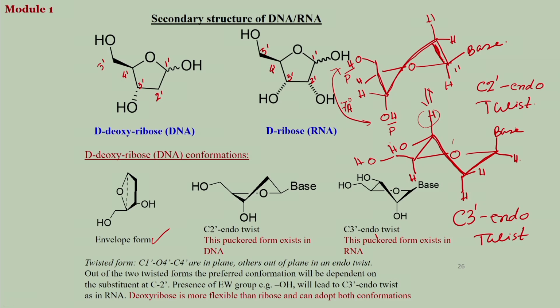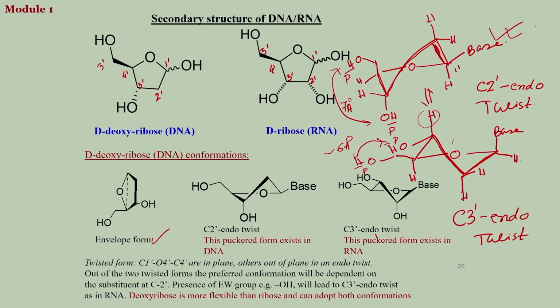On the other hand, this distance, if you have P here and if you have P there, is close to 6 angstrom. So, this is closer, and closer means they will have to face more steric interactions or repulsions. So, for the DNA conformation, the C2 prime endo twist is the favored conformation.